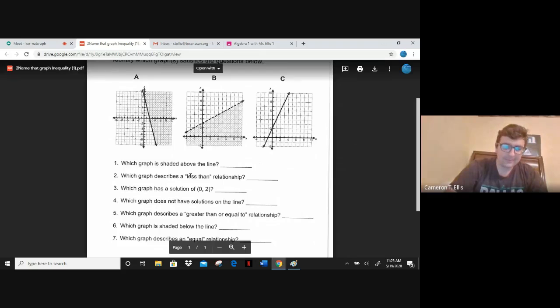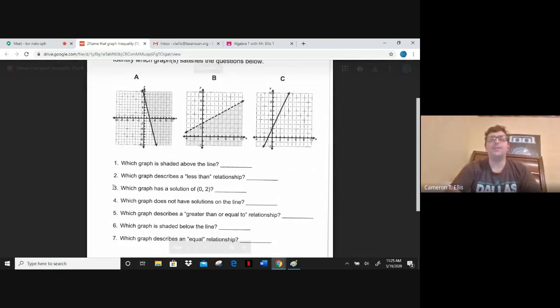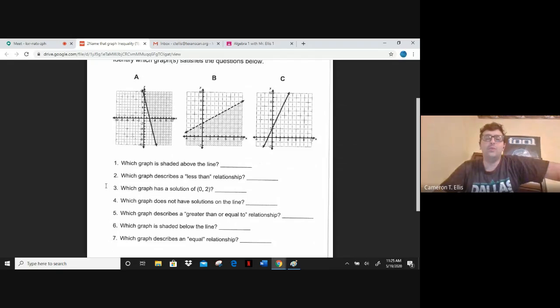All right? So C, which graph has a solution of (0, 2)? So when I say has a solution, what am I saying? What I'm really saying is that either it is in the shaded portion of my graph, or if I have a solid line, it is on my graph. Okay?